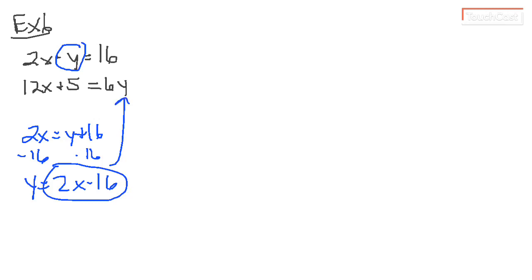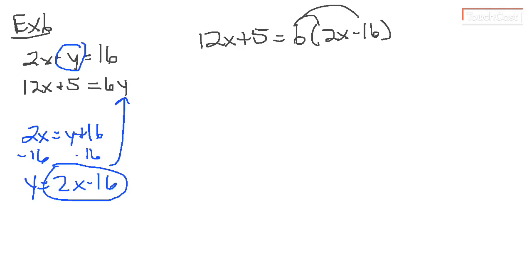So let's rewrite that equation. We've got 12x plus 5 equals 6 times (2x minus 16). We can distribute this 6. We'll have 12x plus 5 equals 12x minus, so 6 times 16 is 96.